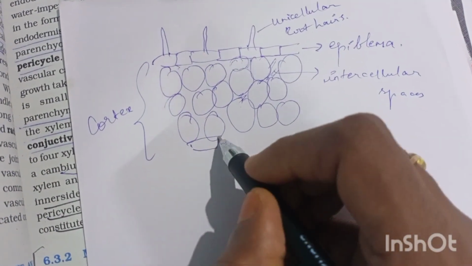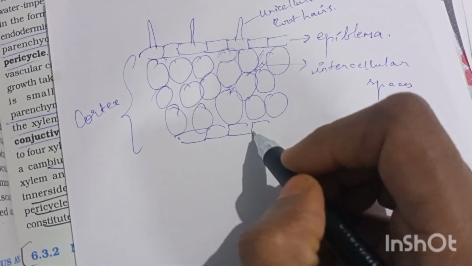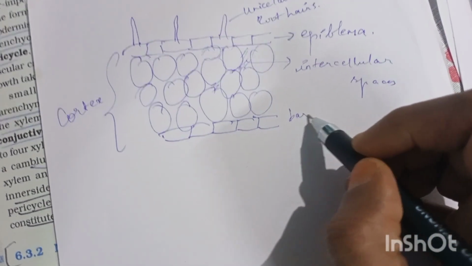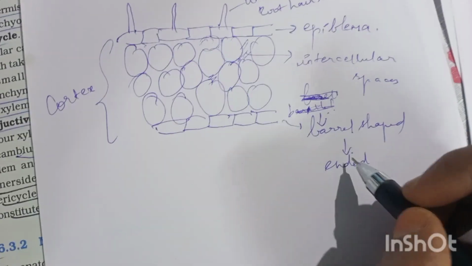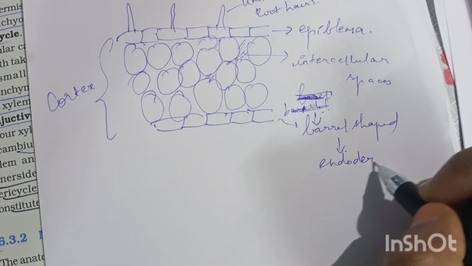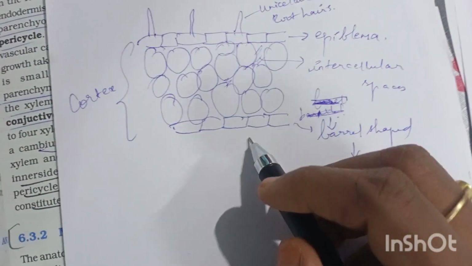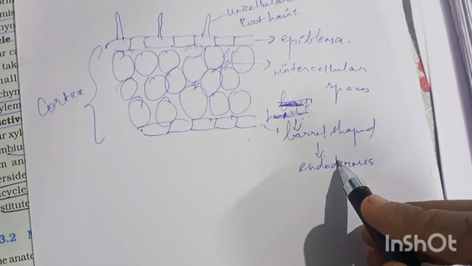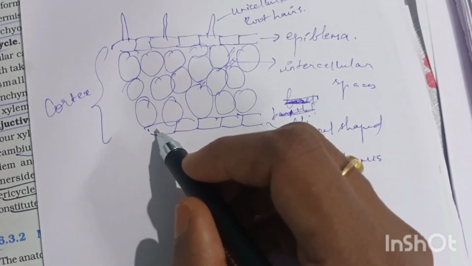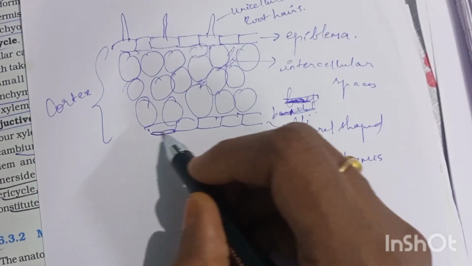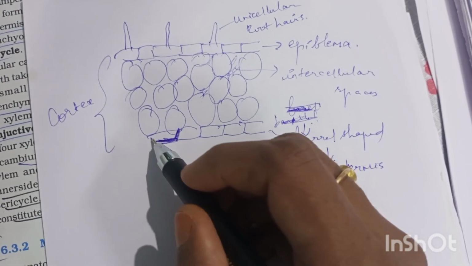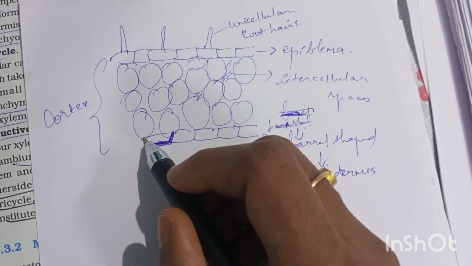This cortex is lined by another layer of closely arranged barrel-shaped cells, and this layer is known as endodermis. When you take some cells in the endodermis, they will be thickened in the tangential and radial walls.